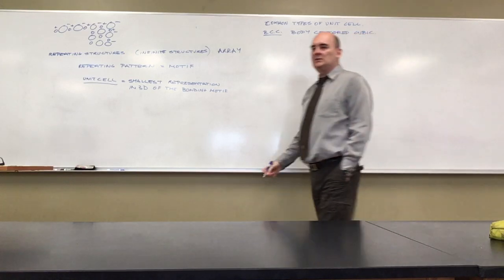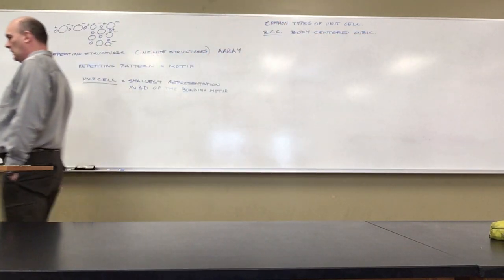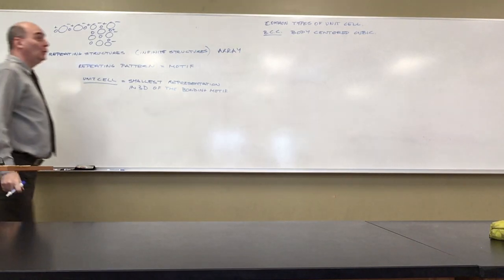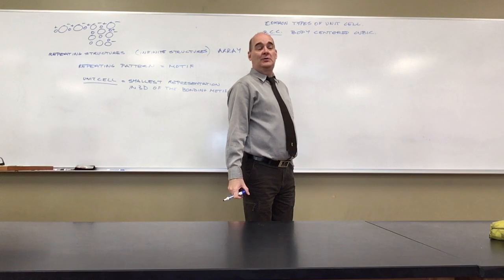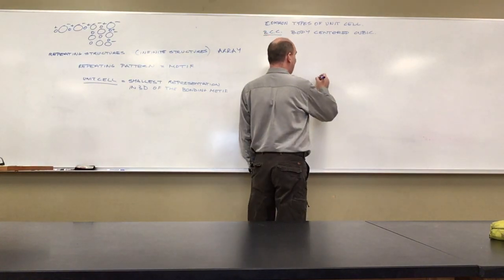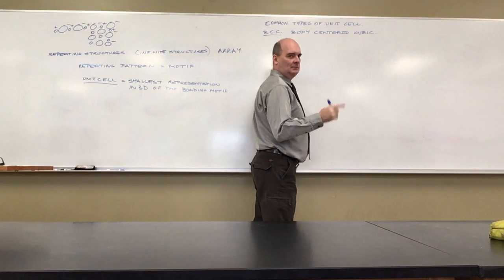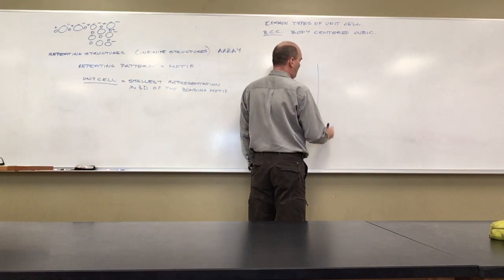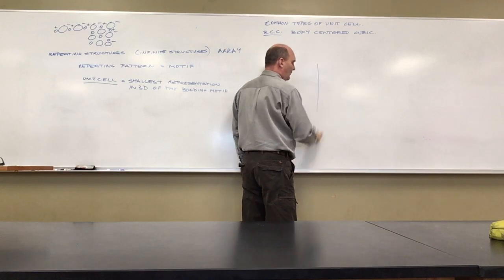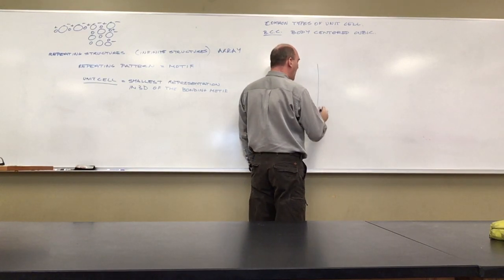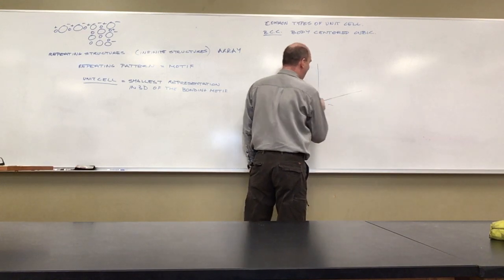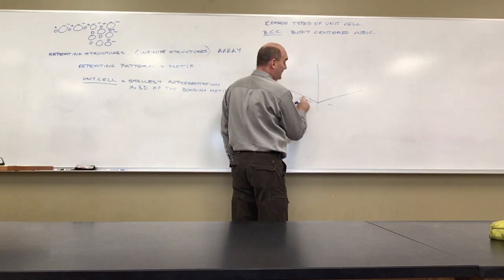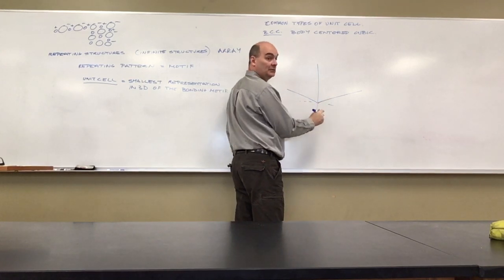BCC is body-centered cubic. All right. Now, there are 2 ways to project a cube. A projection is a 2D representation of a 3D object. There is the, don't bother writing this down, okay? There is the isometric way. You start with a vertical line, and then from that, we're going to splay out at 30 degrees. This angle is 30 degrees.